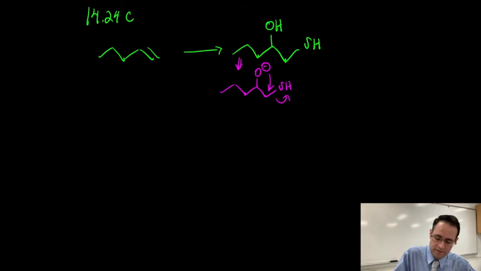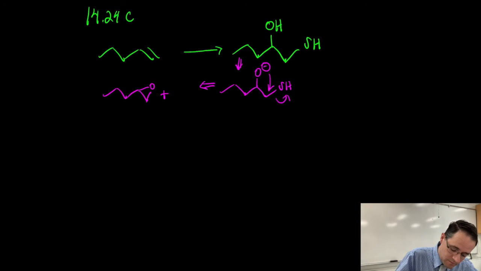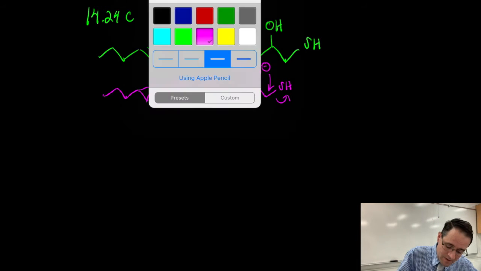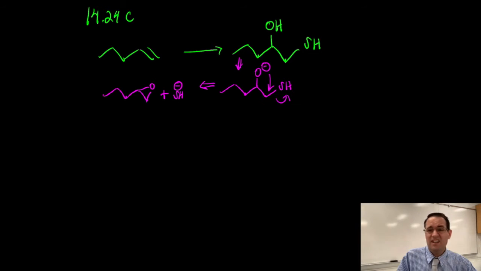Draw the O negative. And literally play the movie backwards. We would get that epoxide and hydrogen sulfide, which is a very strong nucleophile.